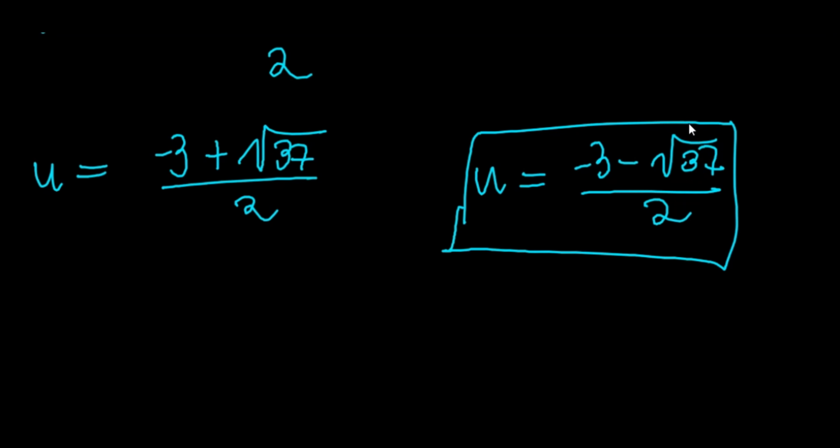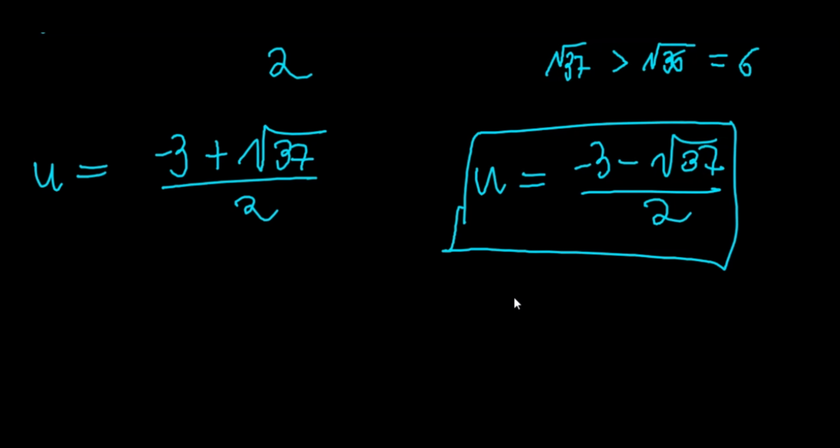Now let's just look at the square root of 37. The square root of 37 is a little bit bigger than the square root of 36. And what's the square root of 36? Sorry, the square root of 36 is not 9. The square root of 36 is 6. 6 times 6 is equal to 36. So this is telling us that the square root of 37 is a little bit bigger than 6.